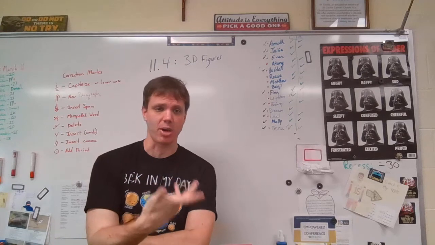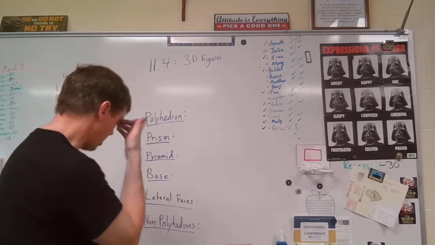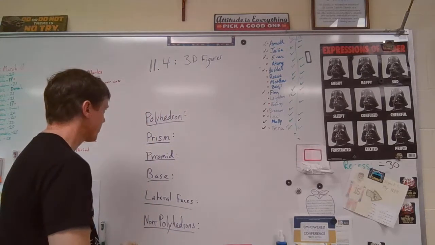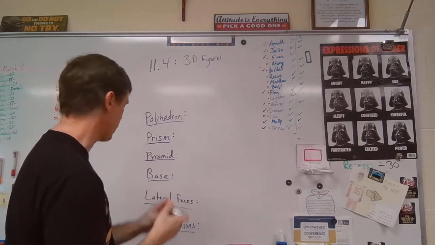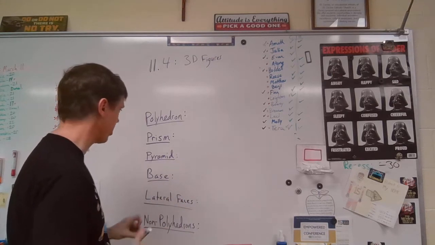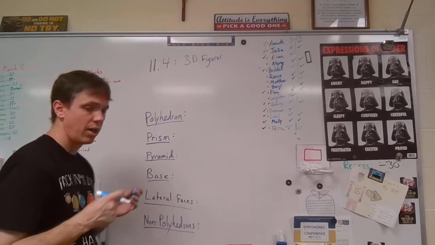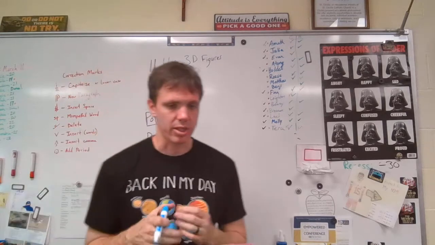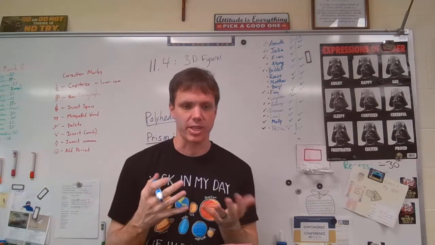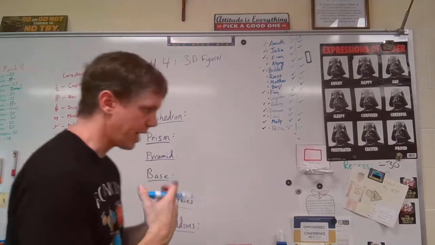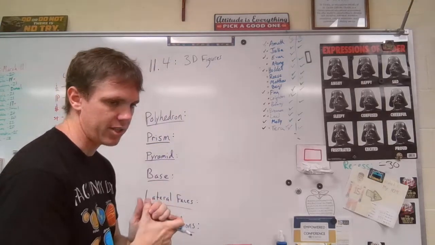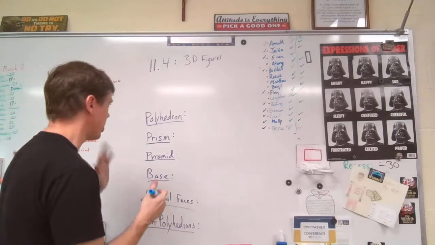So when we have a polyhedron, for our purposes, we're talking about a prism or a pyramid, which we'll get to here in just a second. But a polyhedron is a three-dimensional figure with faces that are made up of polygons.